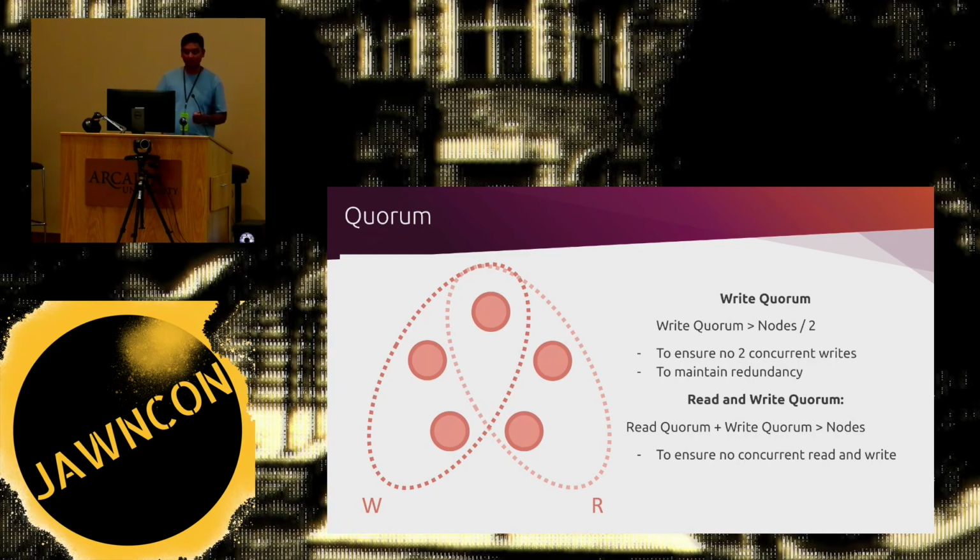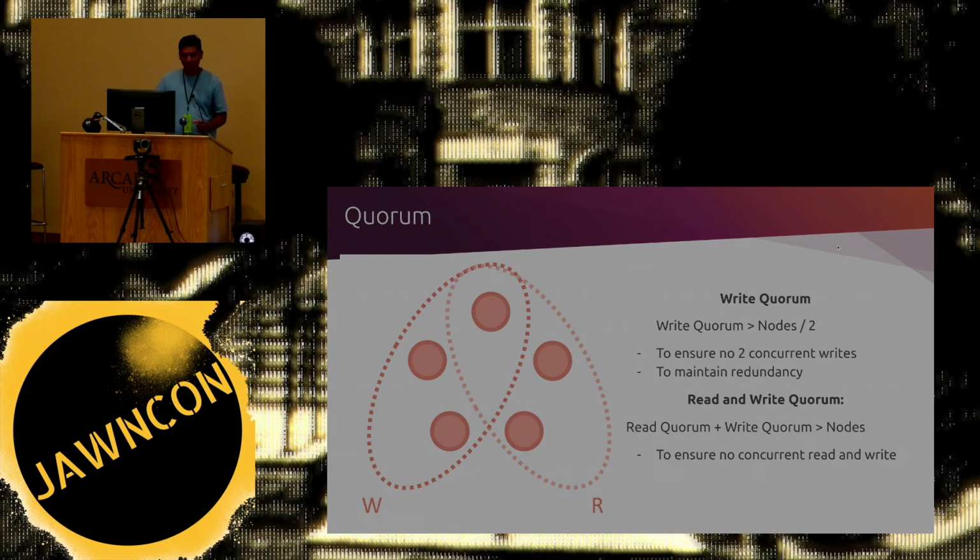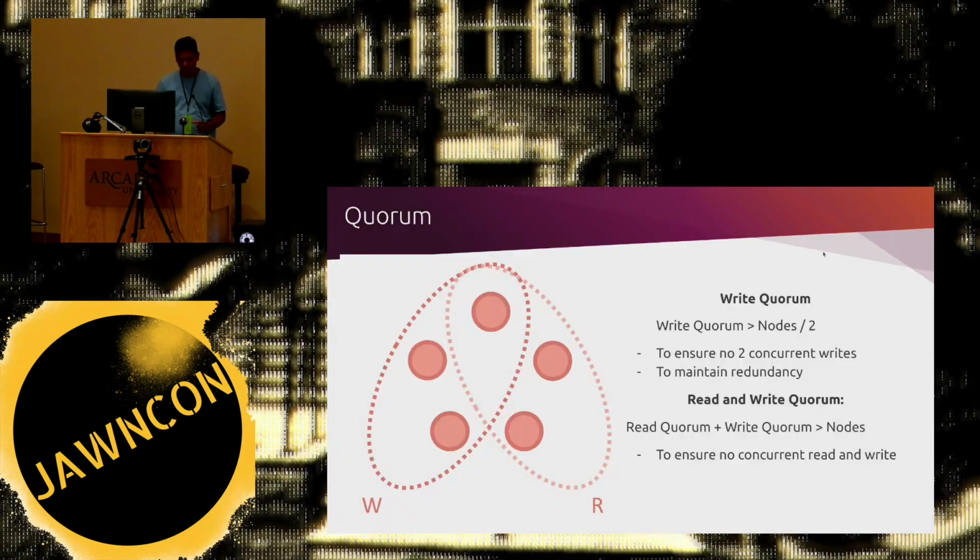So if you want immediate reads, it depends on your workload. If your workload is geared towards efficient reads, then you want your read quorum to be 1, and your write needs to be persisted on every node before you tell the client that the write is persisted.